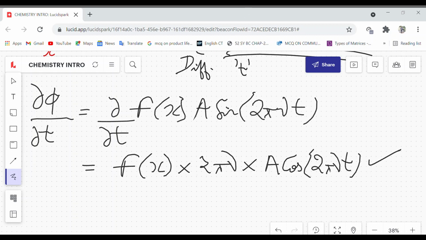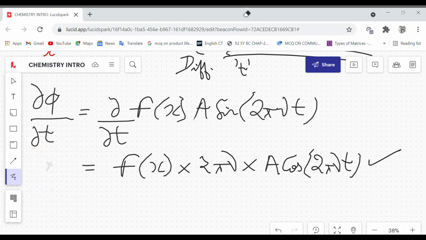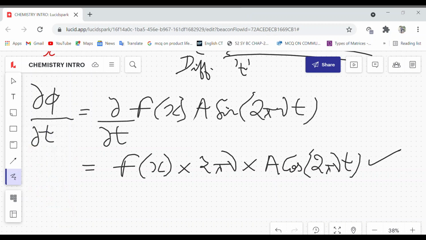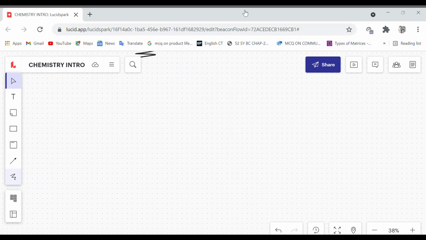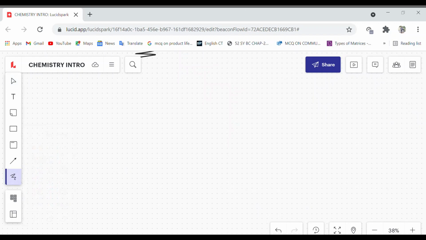Got it? So this is not enough. We have to double differentiate this as well. So let's double differentiate, and if you haven't taken a screenshot, then please take a screenshot of this. Taken? Let's move ahead. Okay, so we have to double differentiate these with respect to t.